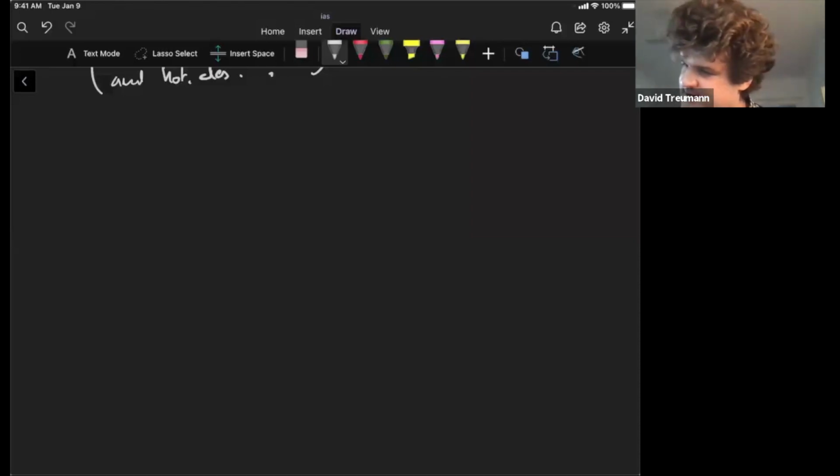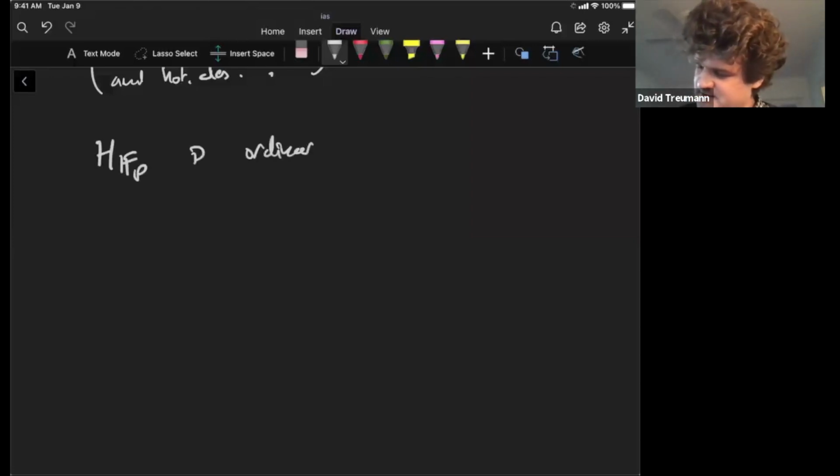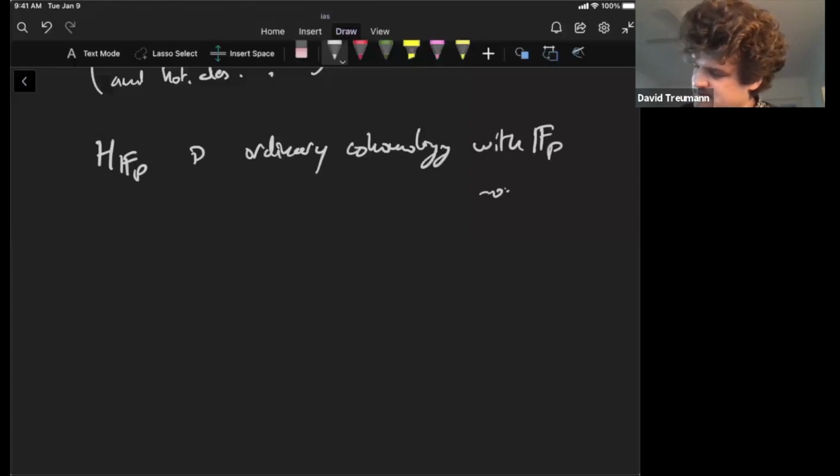Okay, so I said that spectra are extraordinary cohomology theories. Then HF_p represents ordinary cohomology with F_p coefficients.